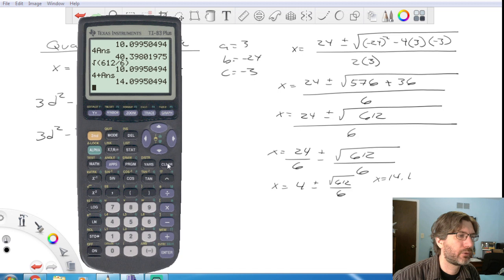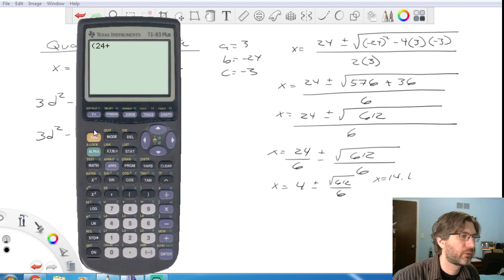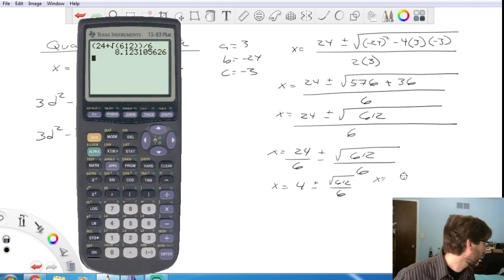What if I didn't separate the 6? It's 24 plus square root of 612 and all of that divided by 6 gives me 8.12. I think that makes more sense.